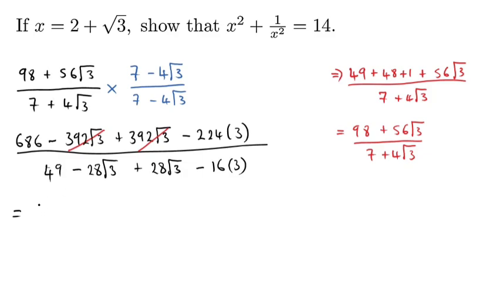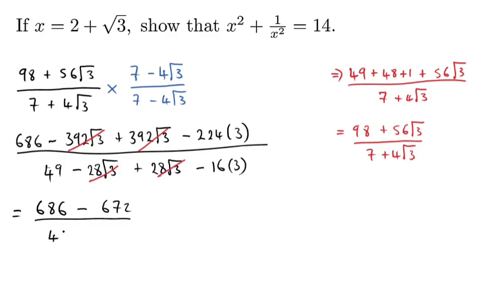So the only thing we remain with is 686 minus 224 times 3, which is 672, divided by the denominator again. This cancels this, they are the same.